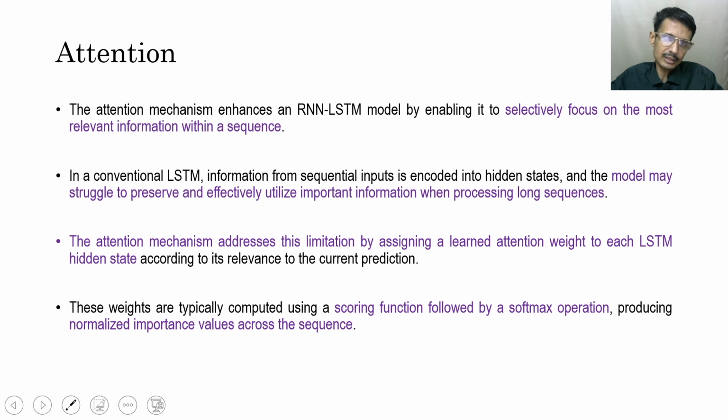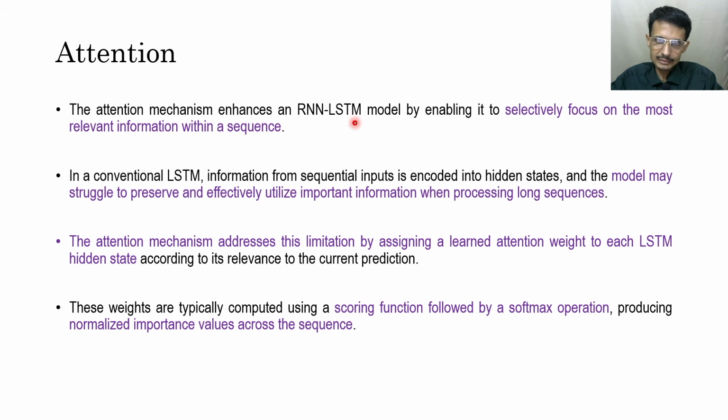Now let us try to understand what attention is. The attention mechanism enhances the RNN LSTM model by enabling it to selectively focus on the most relevant information within the sequence. Now, given a sequence, let's say a sentence, which is a sequence of words, all these words are not equally important. Some words are more important than other words.